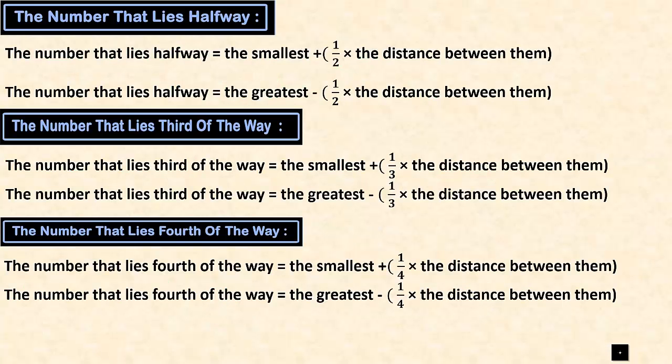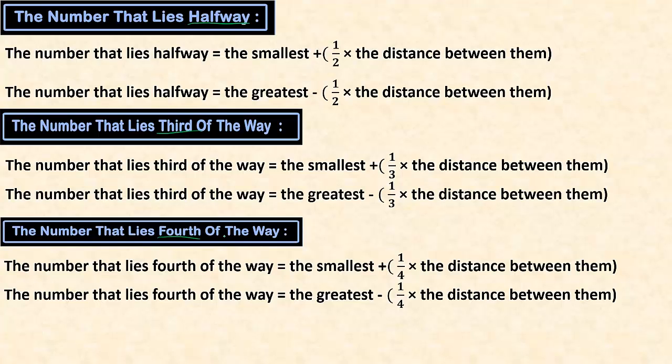The type of questions that comes here is that he comes and asks about the number that lies half the way between two numbers, or 1/3 of the way between two numbers, 1/4 of the way, 1/5 of the way, and so on. There are some rules that we use to find this number. Let's go and see.